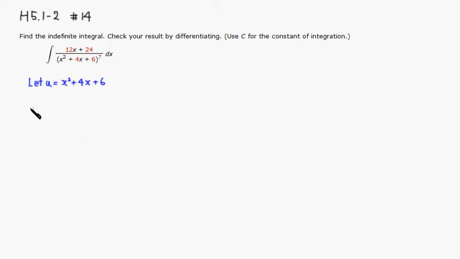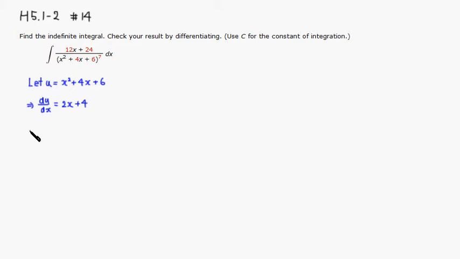Then go through the usual drills. Take the derivative of u with respect to x, so du over dx is equal to the derivative of x squared, which is 2x, and the derivative of 4x is 4, and the derivative of 6 is 0.